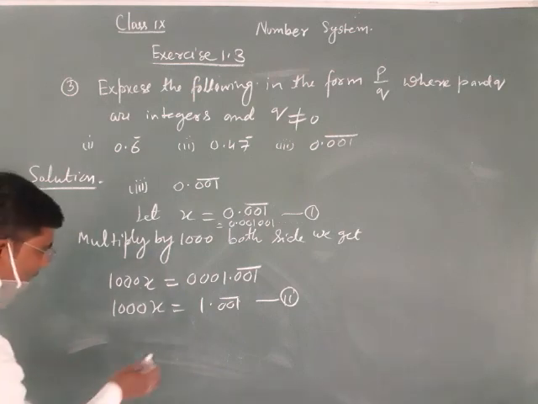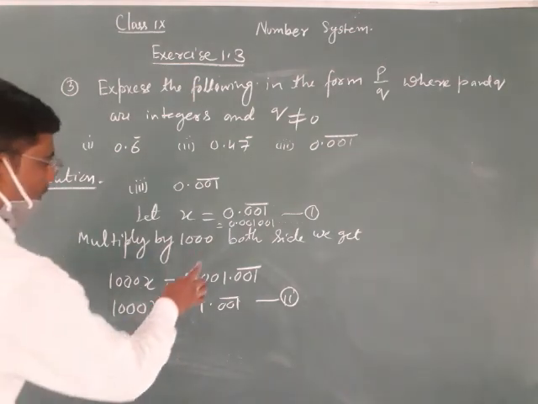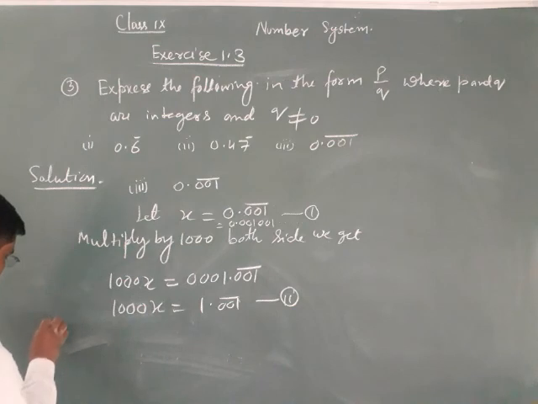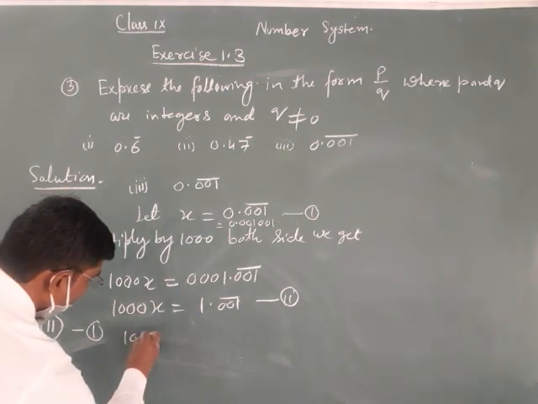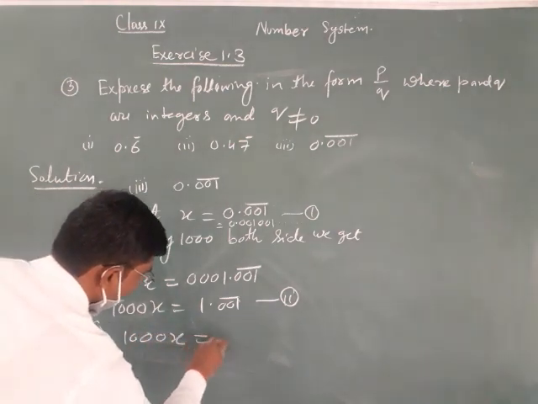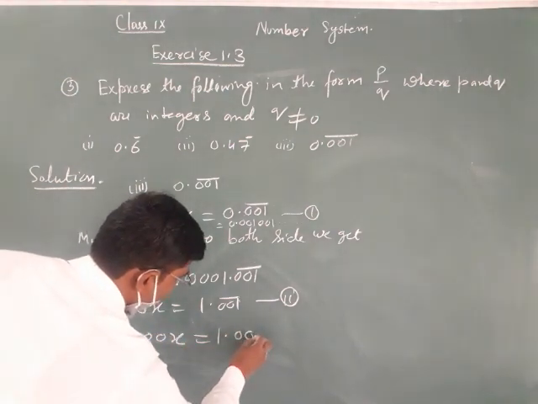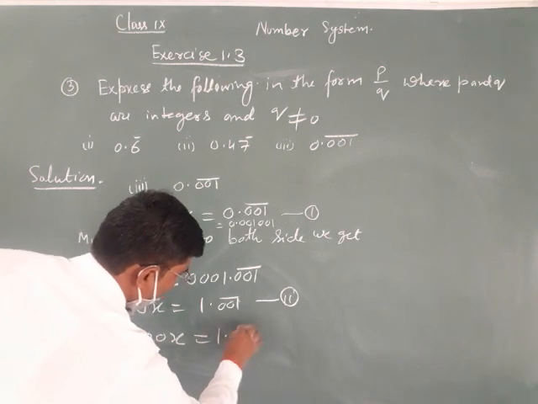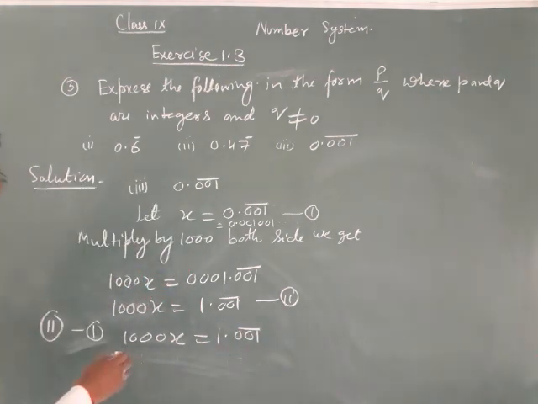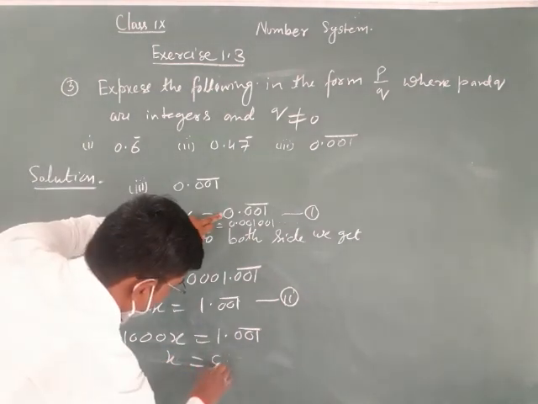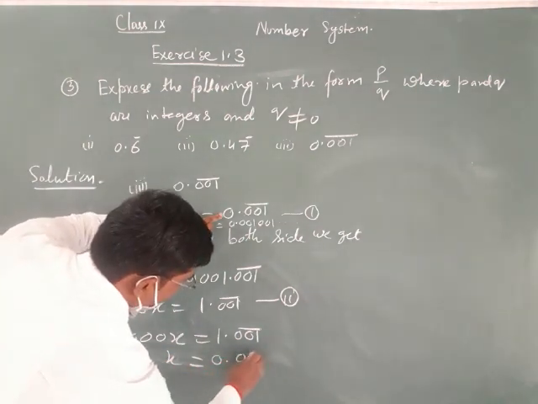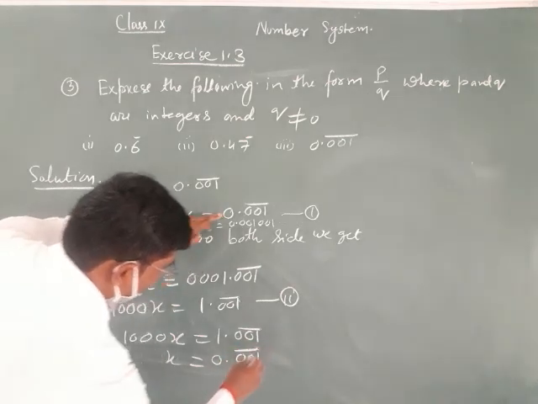Now subtract the first from the second. So 1000x is equal to 1.001 bar, and also x is equal to 0.001 bar.